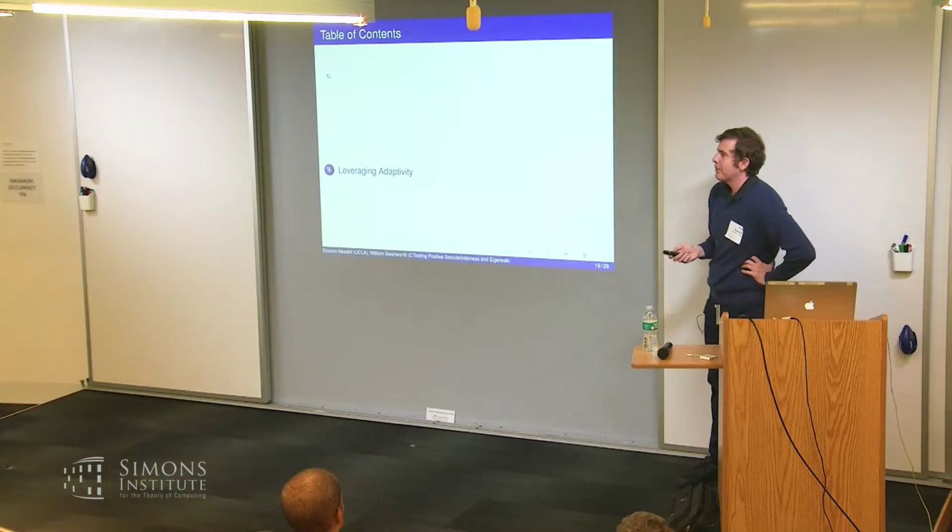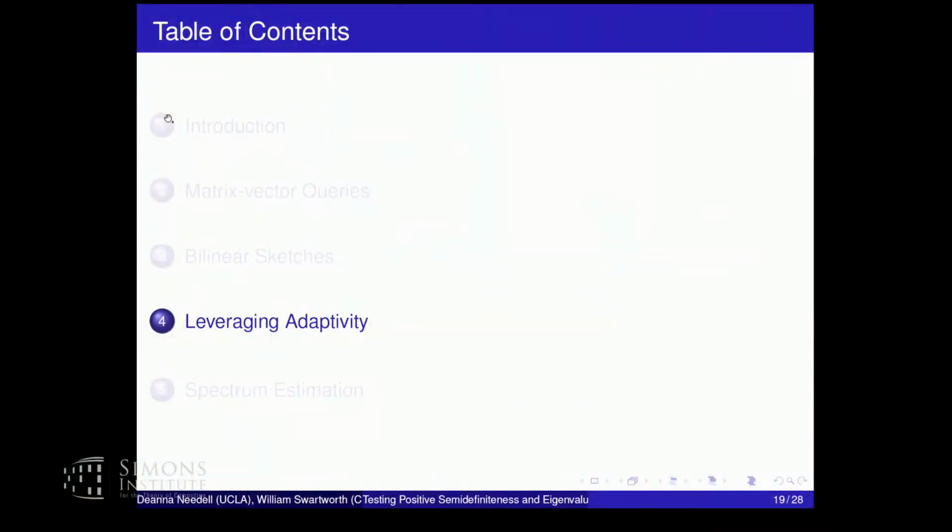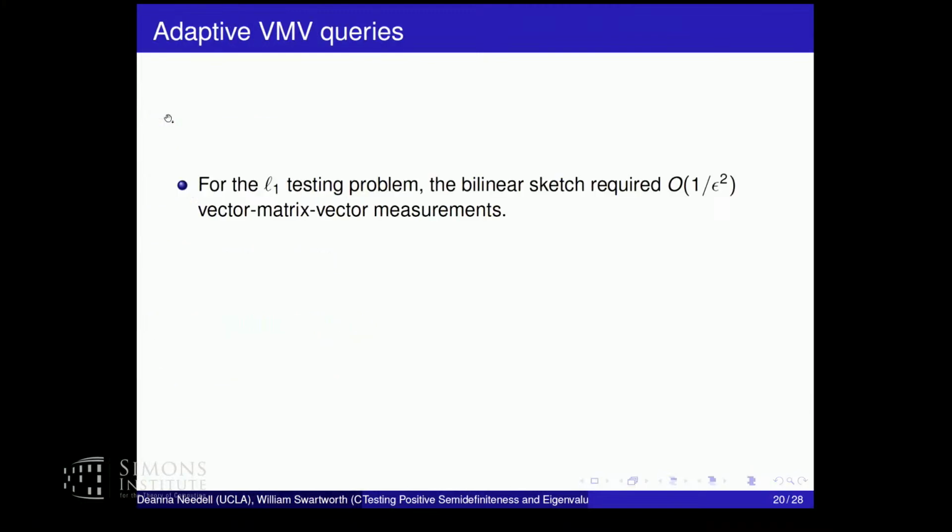Okay. I don't have much time left, so let me just give you a flavor of other techniques in this area very quickly. We saw that for L1 testing, there's this bilinear sketch GAG transpose that has 1 over epsilon squared vector-matrix-vector measurements. That was Andoni-Hui's algorithm. You could ask yourself, can you improve this with adaptivity?